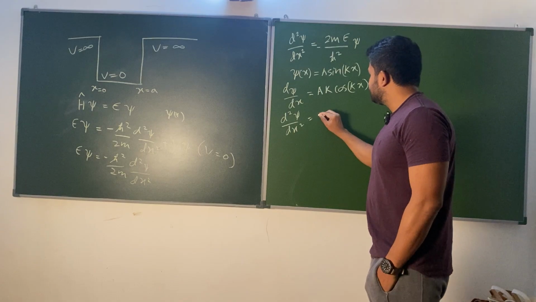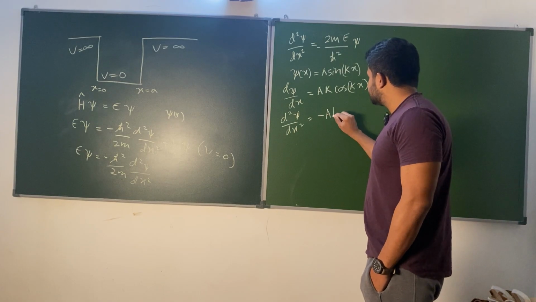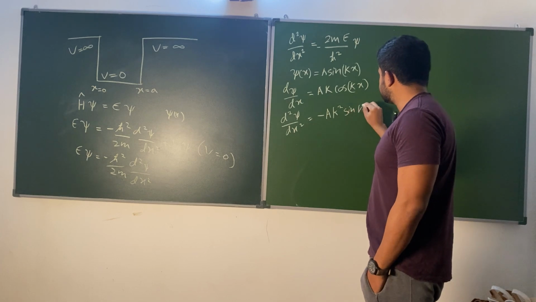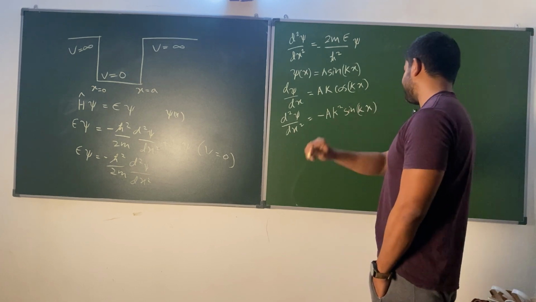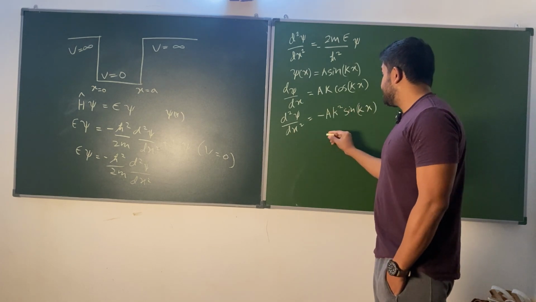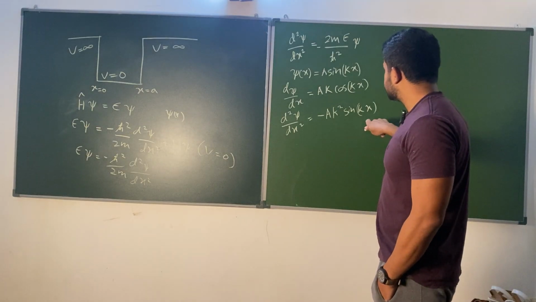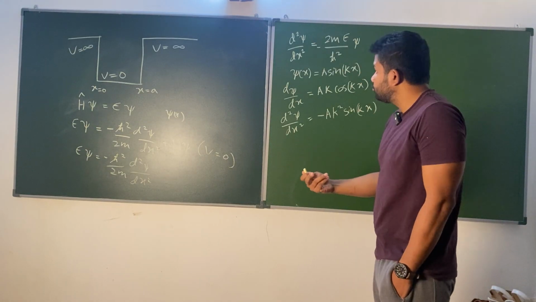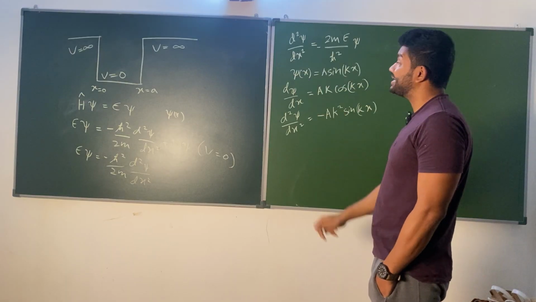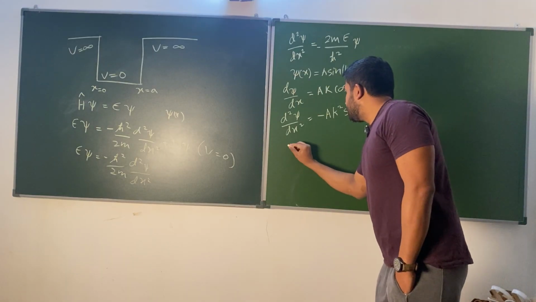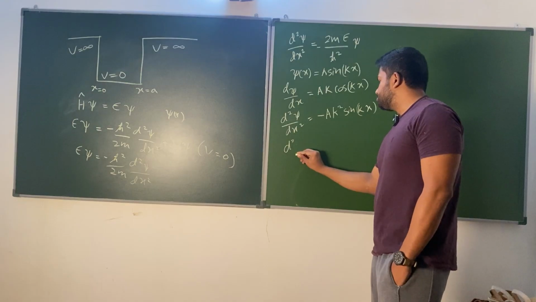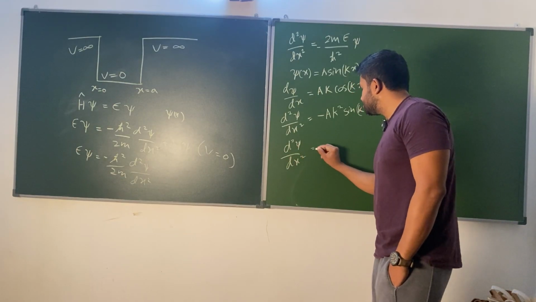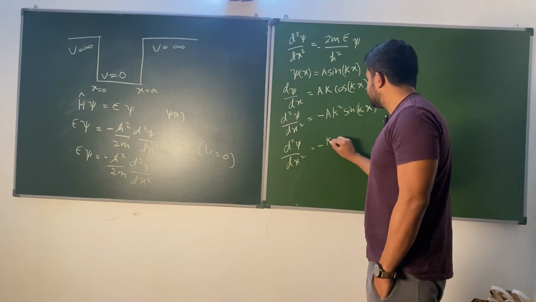Interestingly, we will end up with minus a k squared sine kx. Now we can clearly see that a sine kx is equivalent to phi, which is exactly the wave function I have already taken as phi of x. So it will leave behind this relationship: d squared phi over dx squared is equal to minus k squared phi.